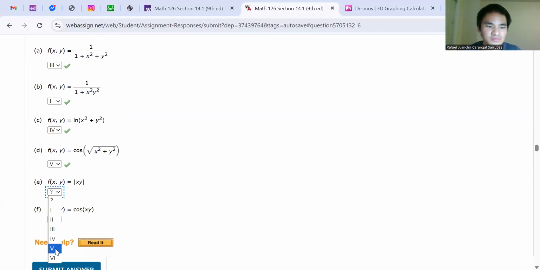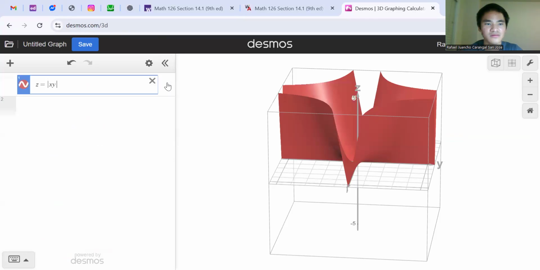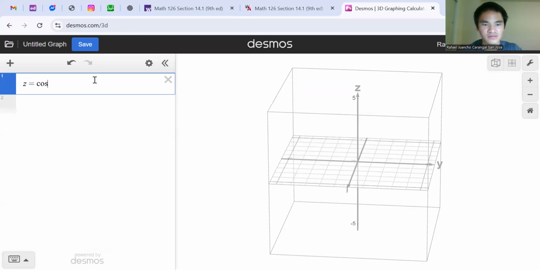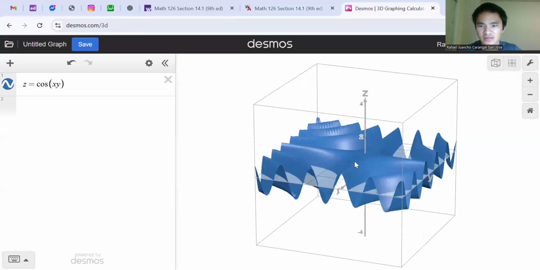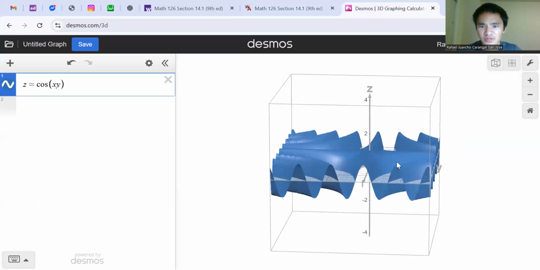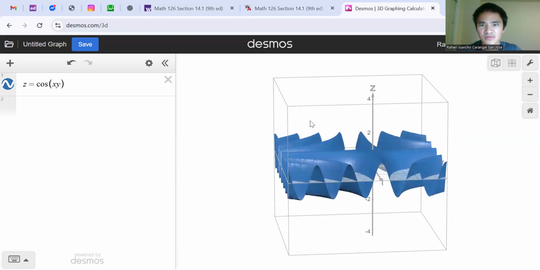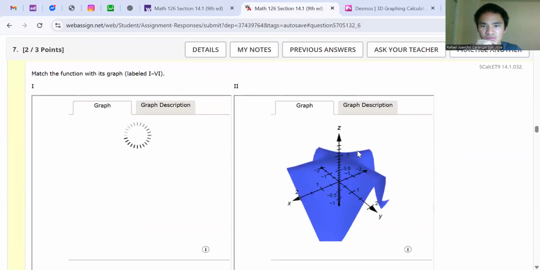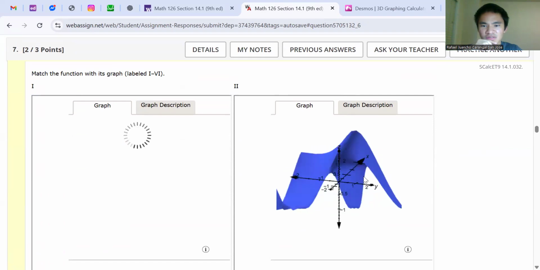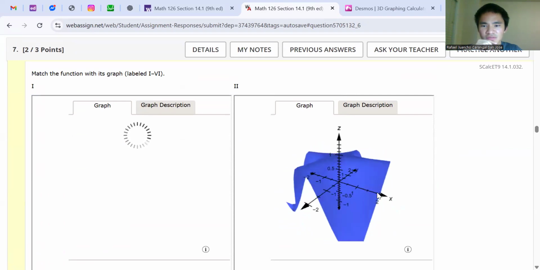And so this one makes it 2, right? My cosine xy. If I get, oh my goodness, what am I looking at? I'm looking at wavy waves. Yeah, this one makes it 2. Okay, actually, I'm not super sure.